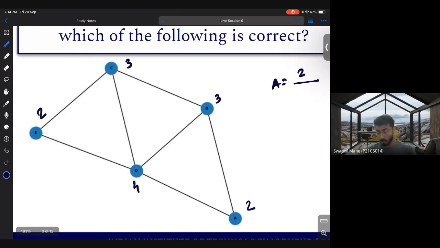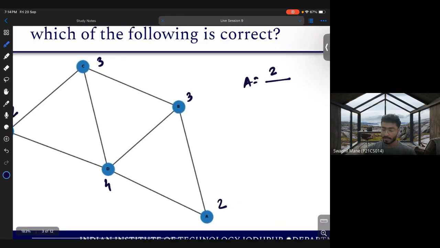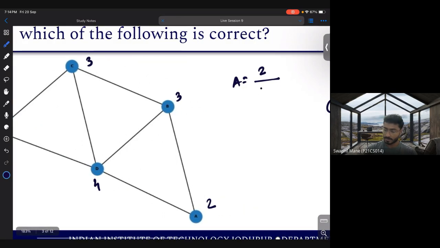The sum of all the degrees is 2 plus 4 is 8, and 3 plus 3 is 6, giving 14.